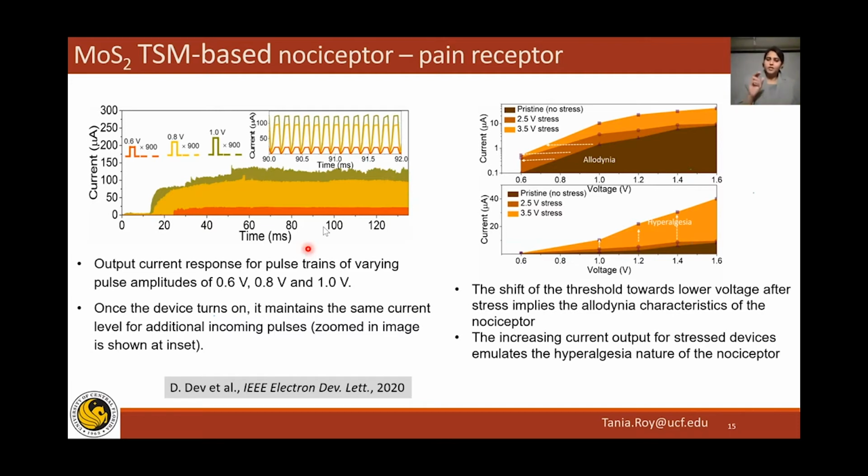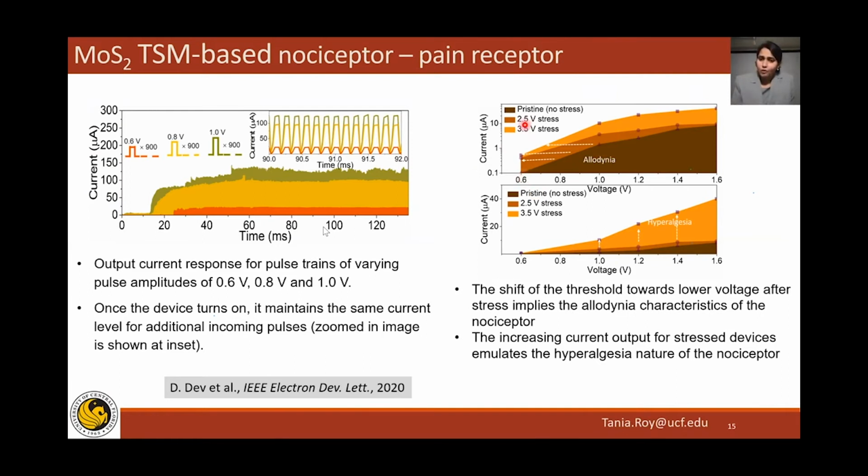There are two additional characteristics of a biological nociceptor called allodynia and hyperalgesia. What happens here is, if the nociceptor is already stressed, so it has already been injured, how do we emulate that? Just by stressing the device. So we take the TSM device and we stress it at 2.5 volts or 3.5 volts. This is the injury condition.